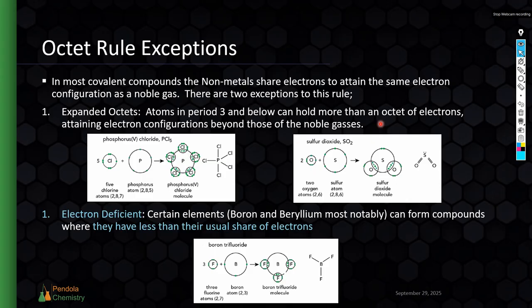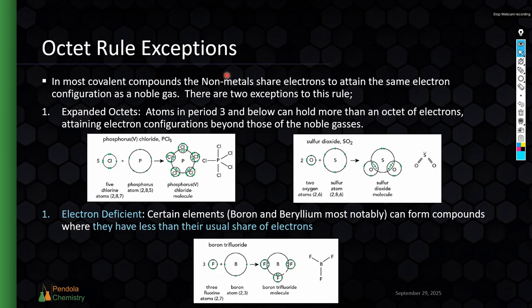Now, everything we've done so far has been based on what we call the octet rule. And remember, the octet rule is the rule that says that elements are going to bond, in this case covalently, in order to gain the electron configuration of a noble gas. That's the common rule, the octet rule.